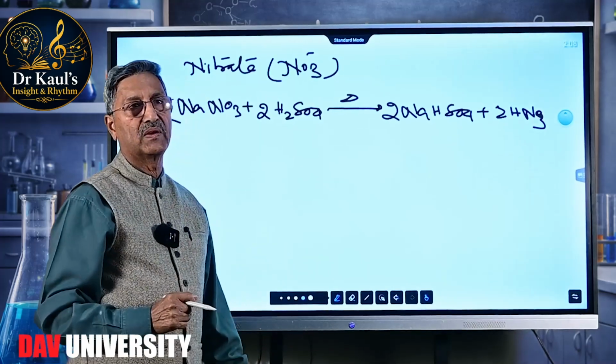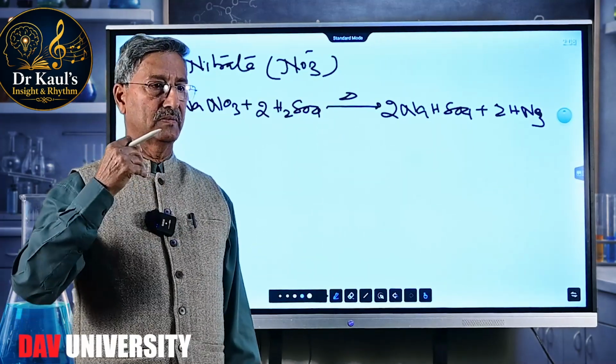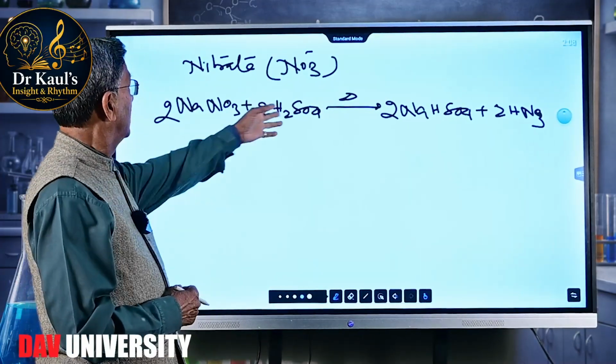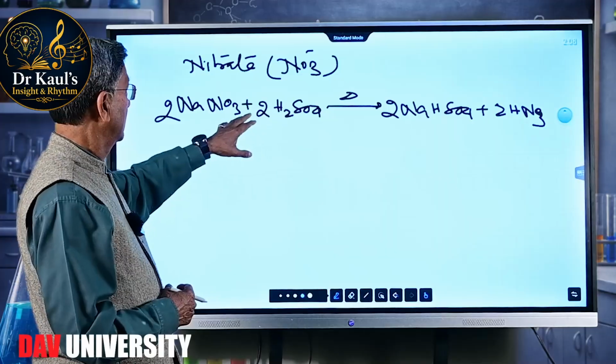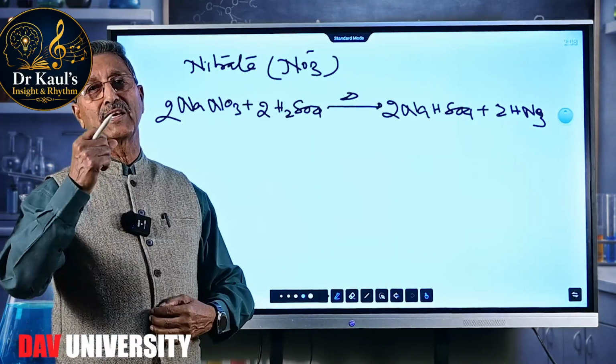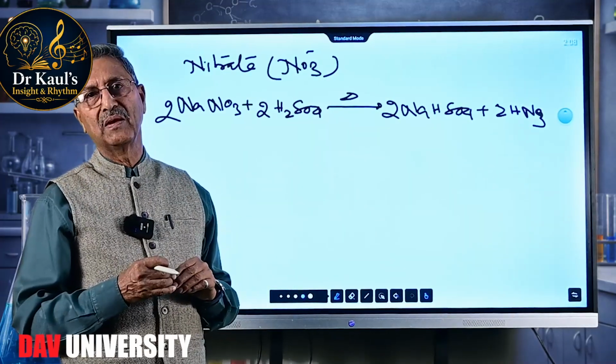Now, you see, in this case, what is generally written in the books is that on strong heating with concentrated H₂SO₄, you get a reddish brown gas, but this will be only a slight reddish brown gas, not enough.